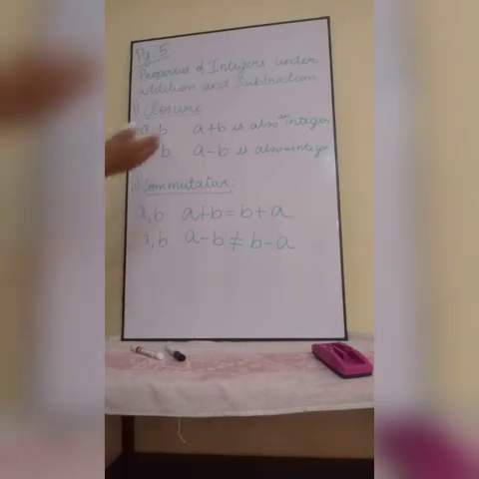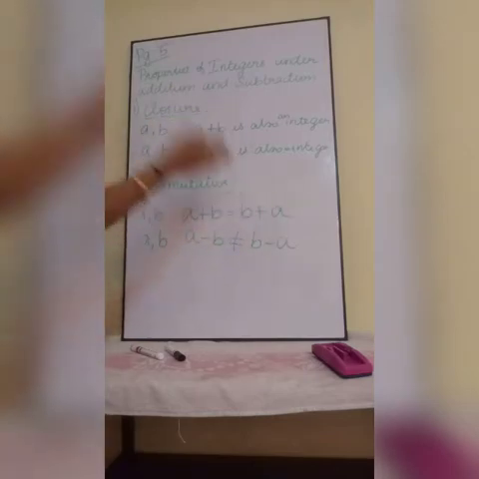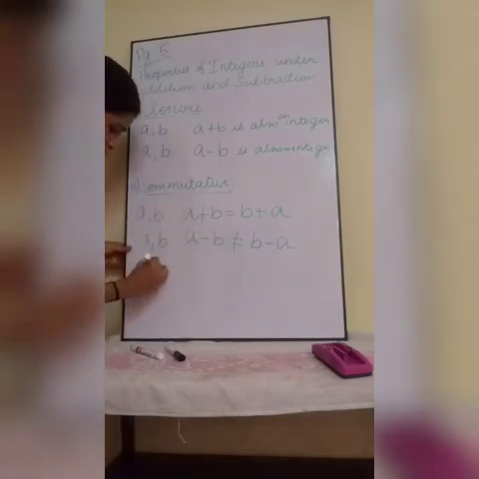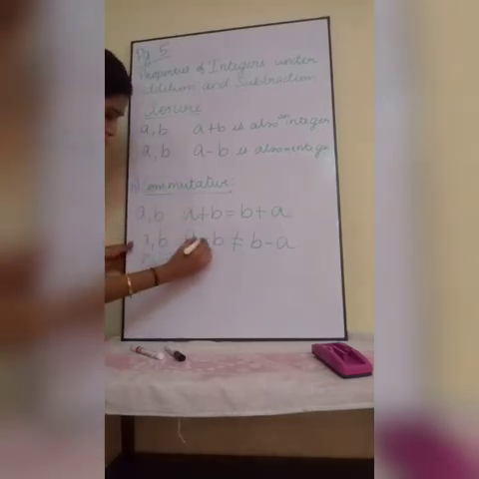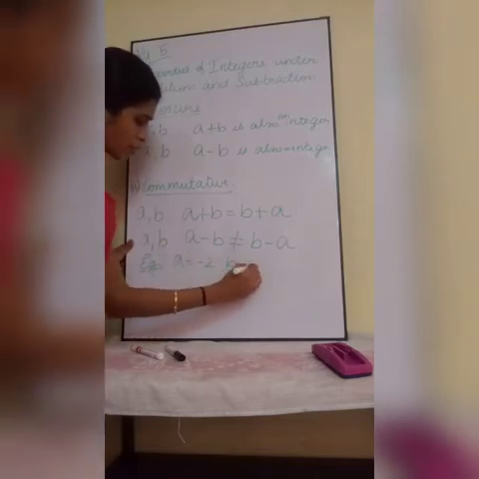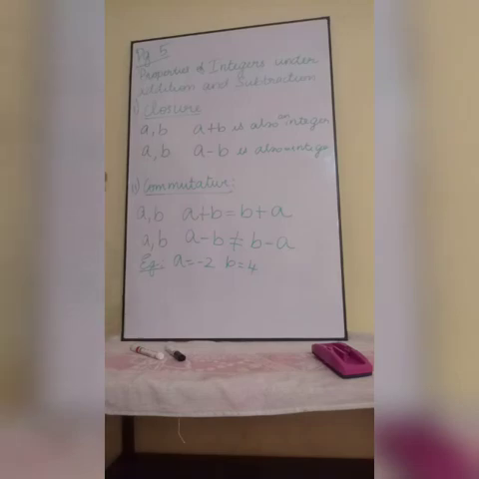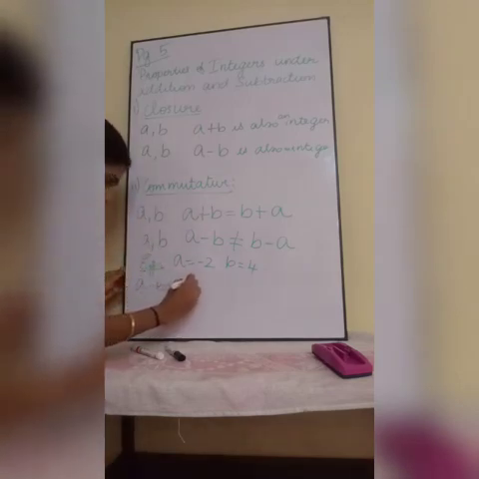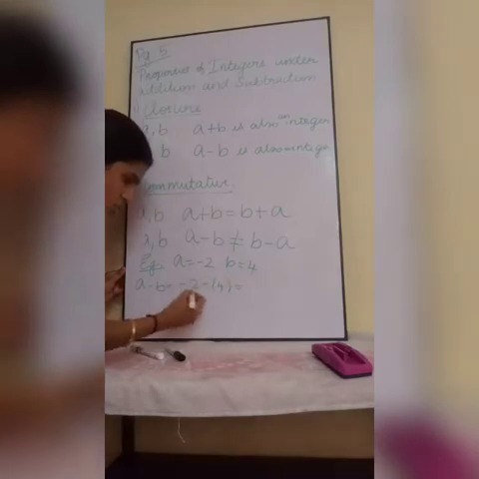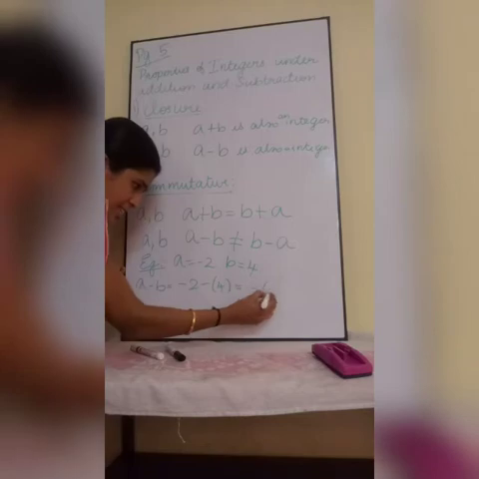I have given examples for all of these in your previous session, but here I am just going to give an example for subtraction. Example: I am going to take a as minus 2, b as 4. Now listen, a minus b means minus 2 minus 4, which is minus 6.